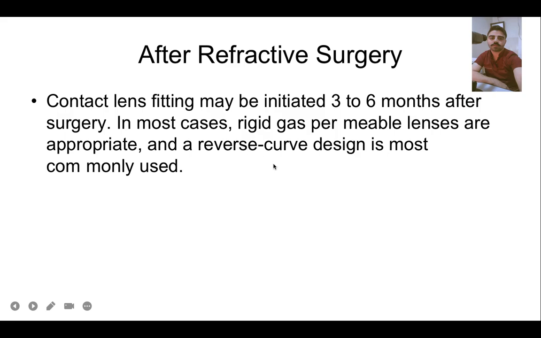As we have already discussed, after refractive surgery your cornea will not be prolate anymore. It will be more like an oblate shape, where the central region is flatter and the peripheral area is steeper.